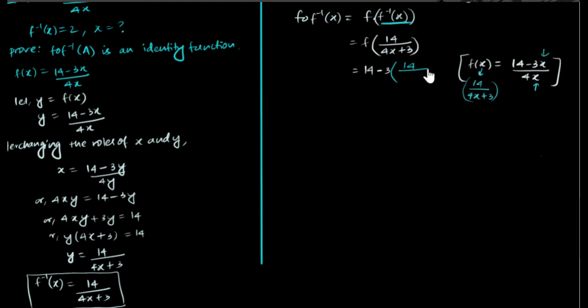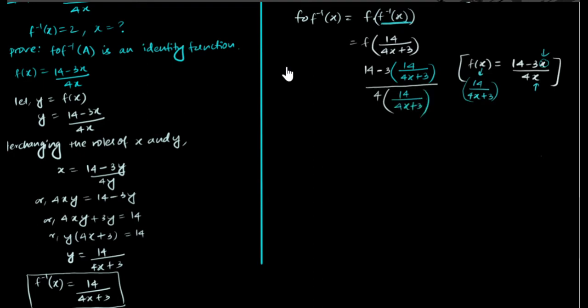I am replacing this x only, and then I need to replace it again in the denominator also. So it will be divided by 4 times 14 divided by 4x plus 3. Do you understand this up to here?